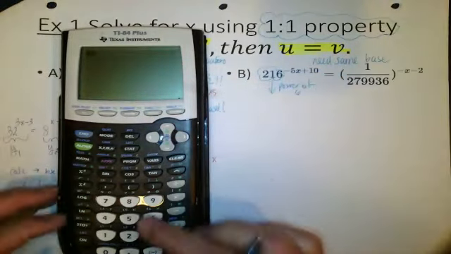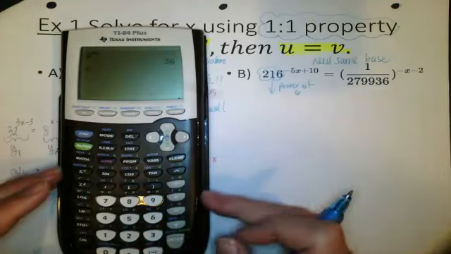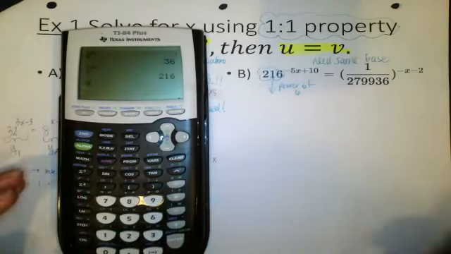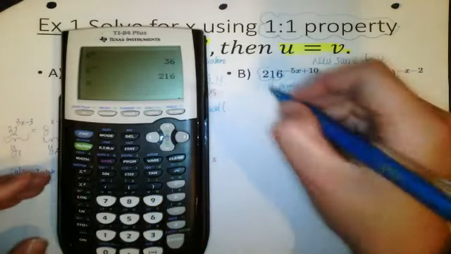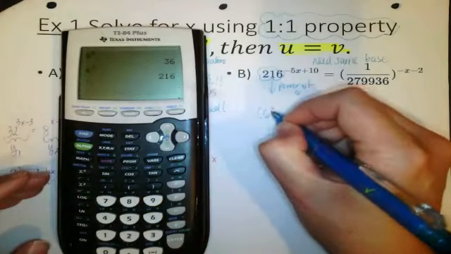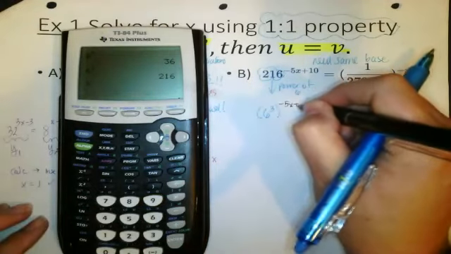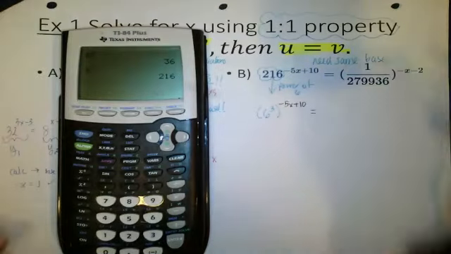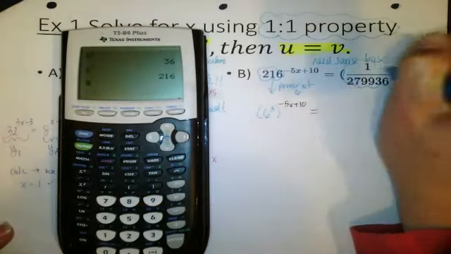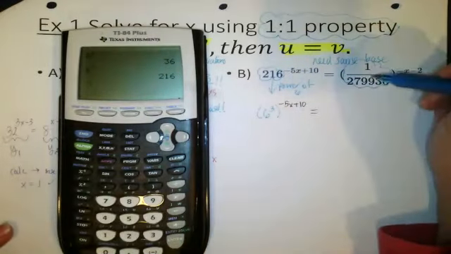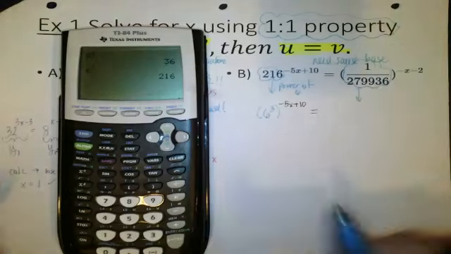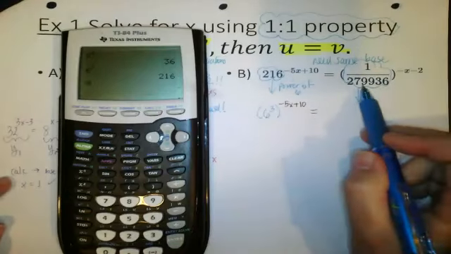All right, so let's see. 6 to the second would be 36, and 6 cubed is 216. So 216 is really 6 to the third power. Again, I haven't changed my exponent yet. All right, now this one is a fraction, and so I'm going to make my exponent negative.